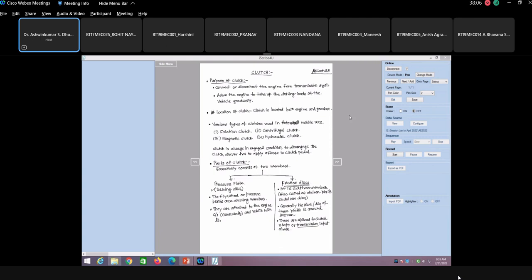Okay, both shaft and disc turn together, but the friction disc can slide back and forth on the shaft spline. Please understand that this is important.